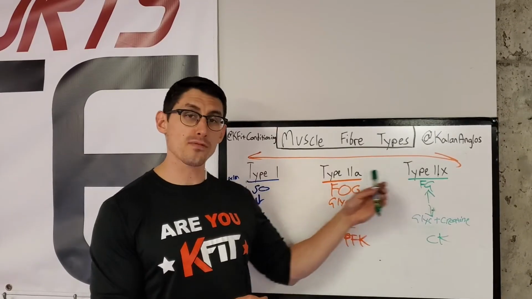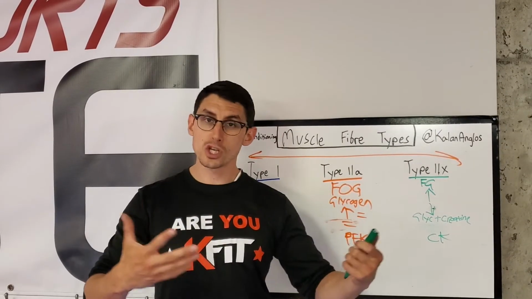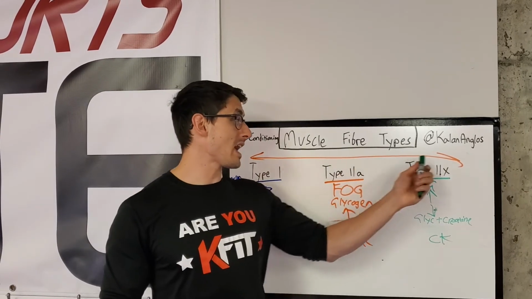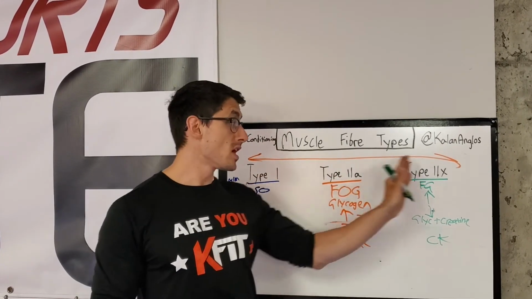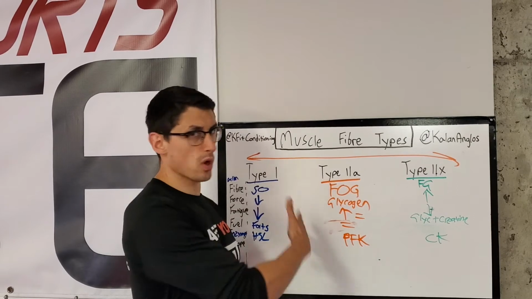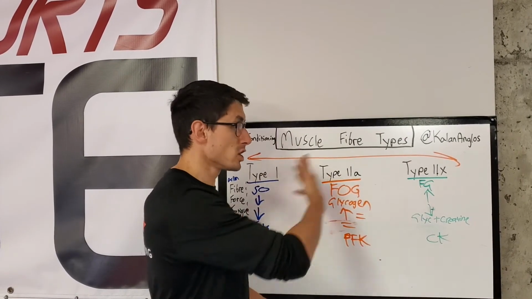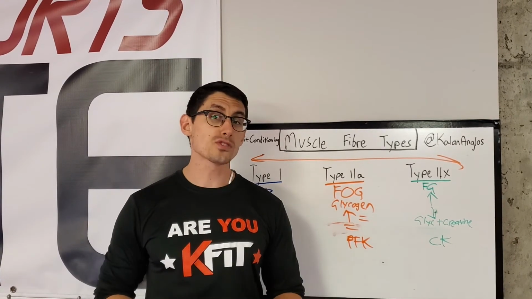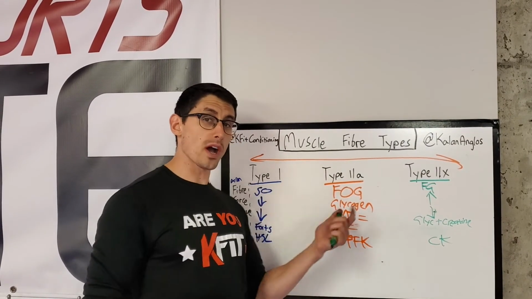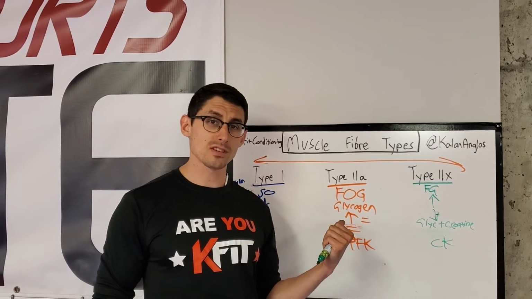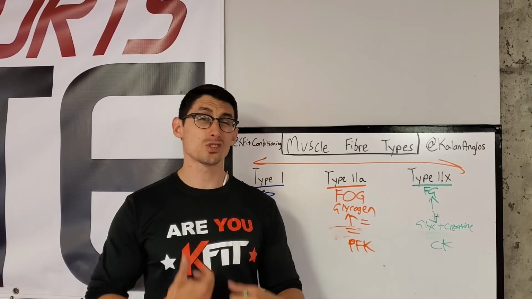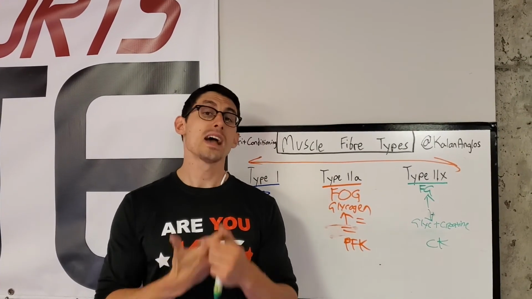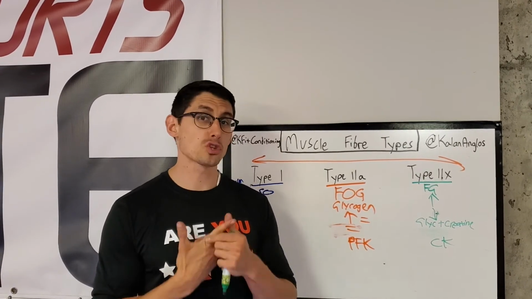When we look at the muscle fiber types in the human body, it's really a spectrum from slow to fast. It's not like we have just type 1, just type 2A, just type 2X. You have a spectrum of them all throughout your body in all your muscles. What determines your muscle fiber distribution is mostly genetics, as well as the type of training you're doing.